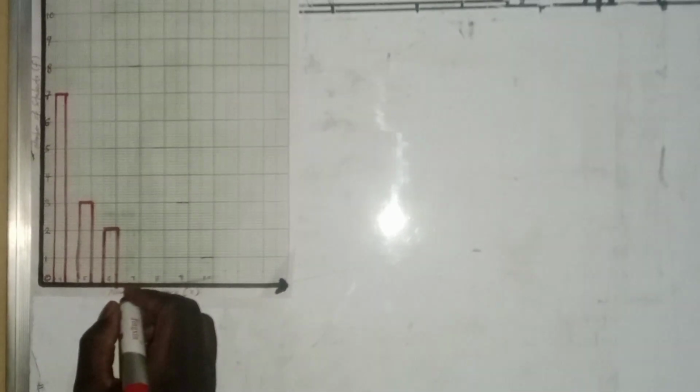The bars should be disjoint from one another. If it is histogram, the bars will be joined to one another, but because it is bar chart, that is why I'm separating the bars. The next letter is letter 7, and then the frequency is 8. So this is 8. That's where we'll end our bar.